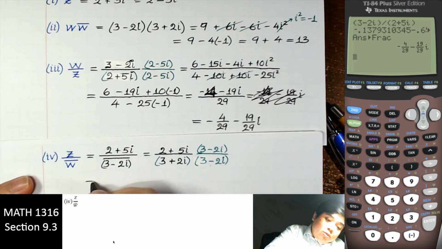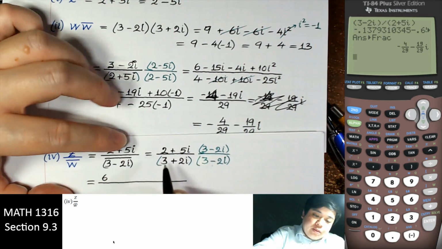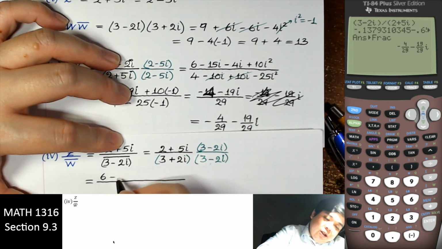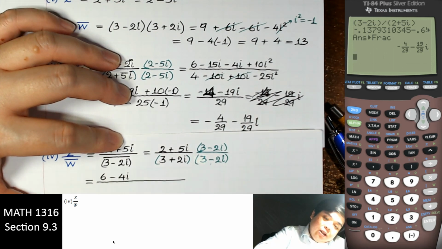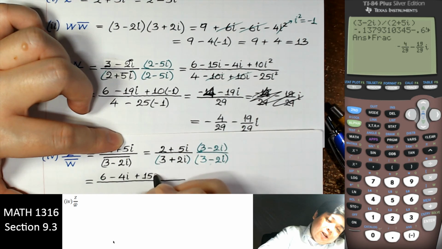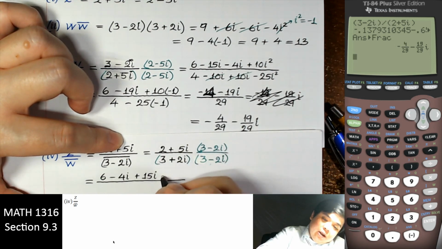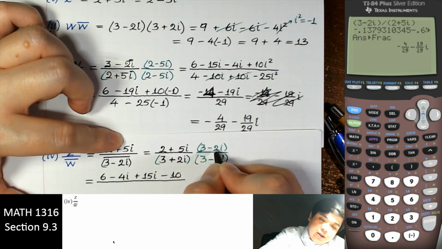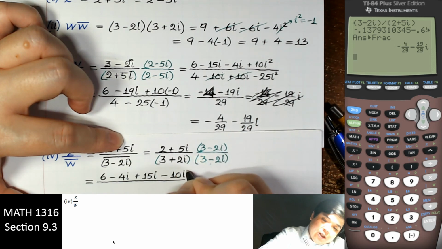Right, and then we just multiply it out. 2 times 3, 6. 2 times minus 2i is minus 4i, plus 15i, minus 10 i squared.